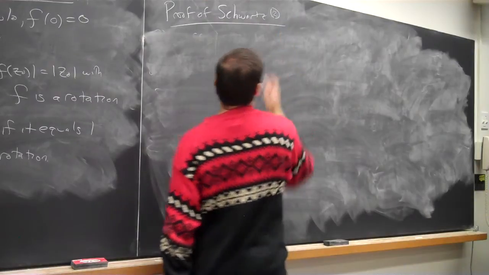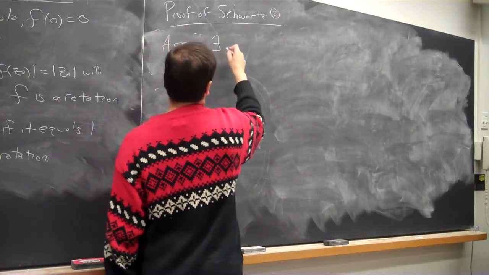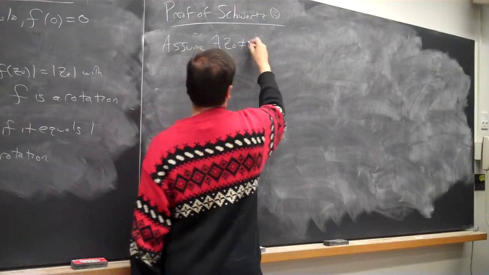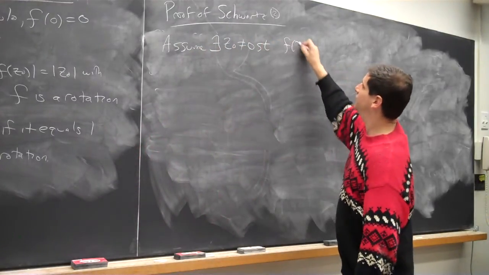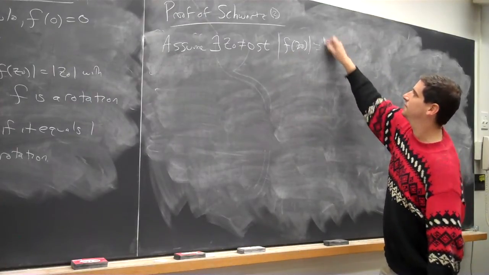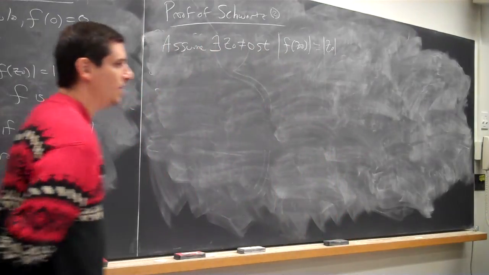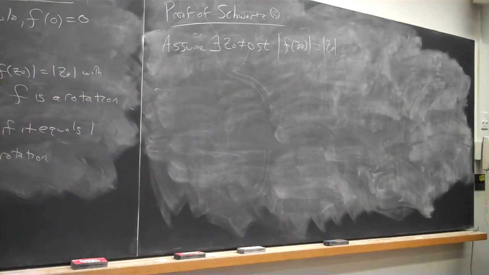Okay, Schwarz 2. So assume there exists a z naught such that |f(z naught)| is |z naught|. What kind of contradiction are we going to get?